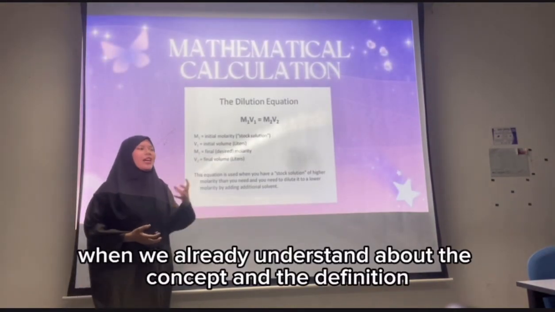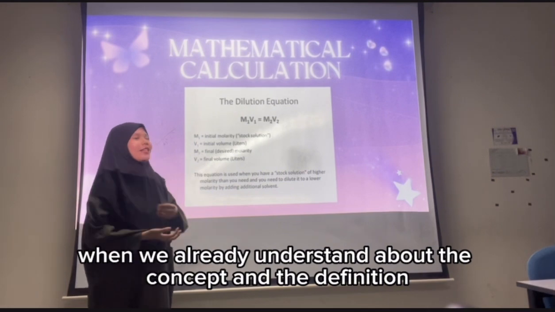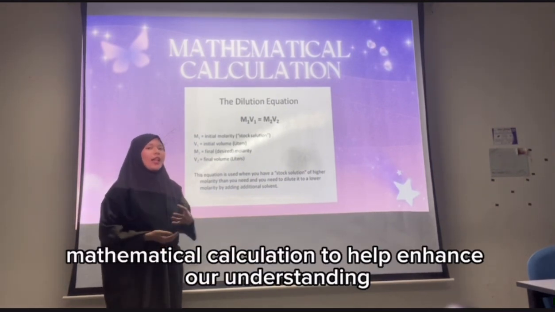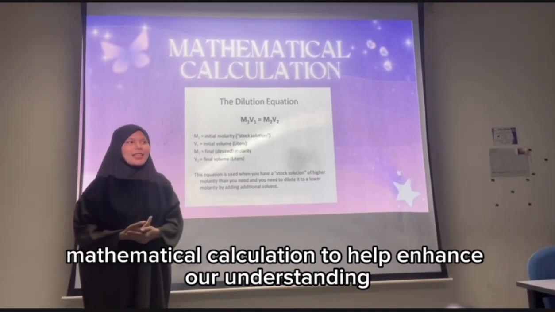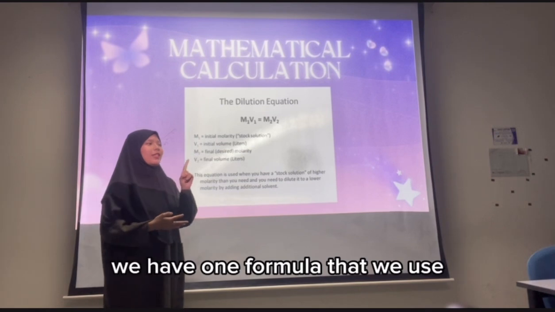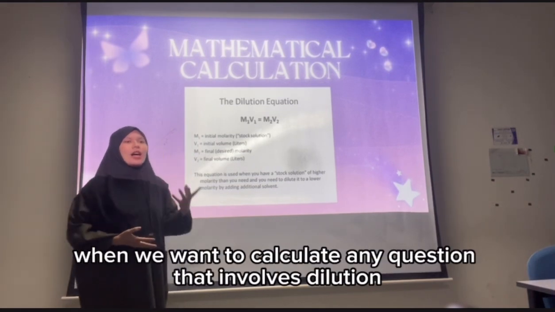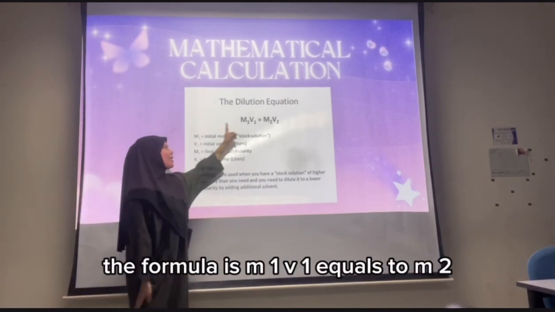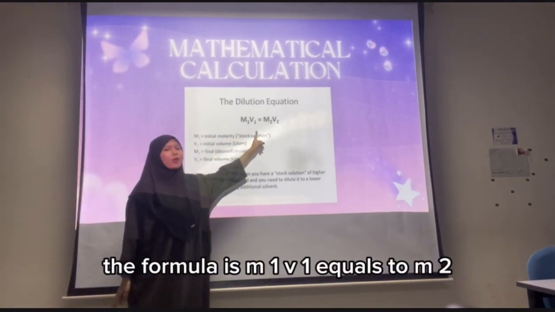Now, when we already understand the concept and the definition, we have to do mathematical calculation to help enhance our understanding about the concept. So in dilution, we have one formula that we use when we want to calculate any question that involves dilution. The formula is M1V1 equals M2V2.